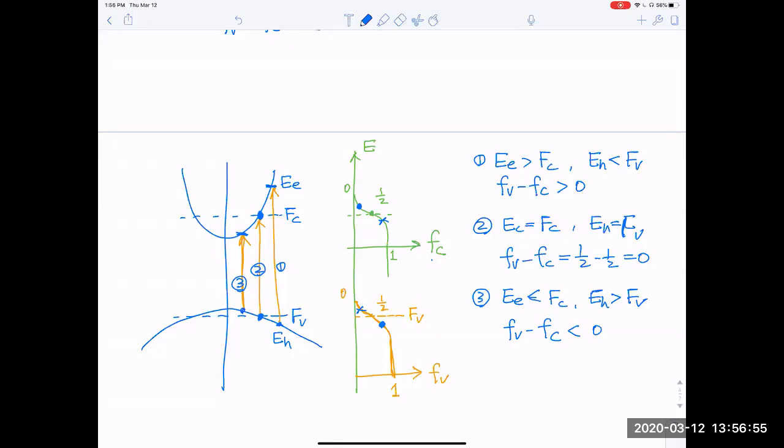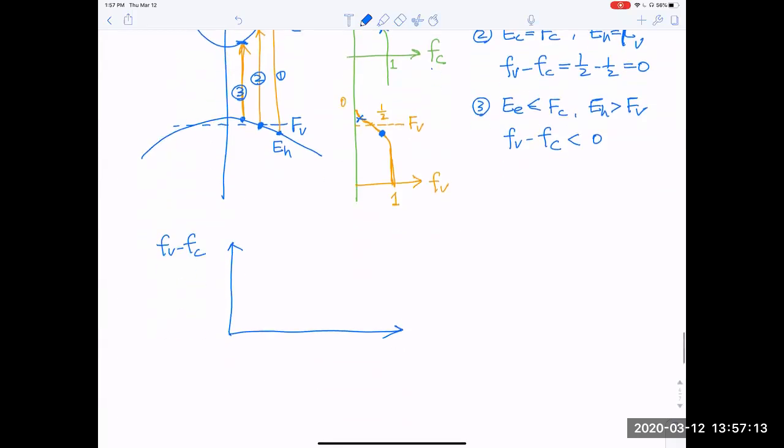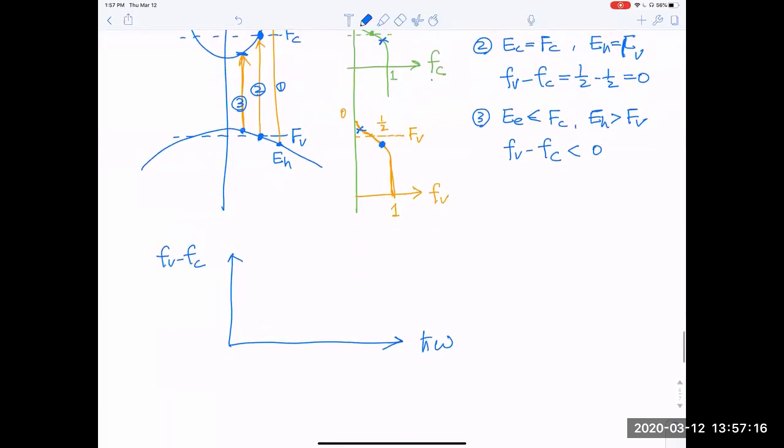So without writing the expressions, I can conclude that my Fermi factor, this quantity Fv minus Fc as a function of h bar omega, is related to the key parameter EE minus EF.